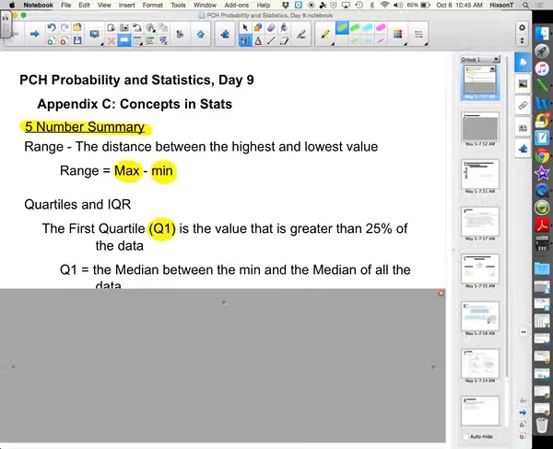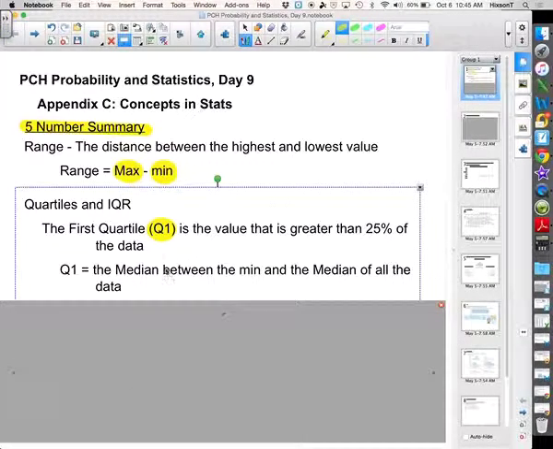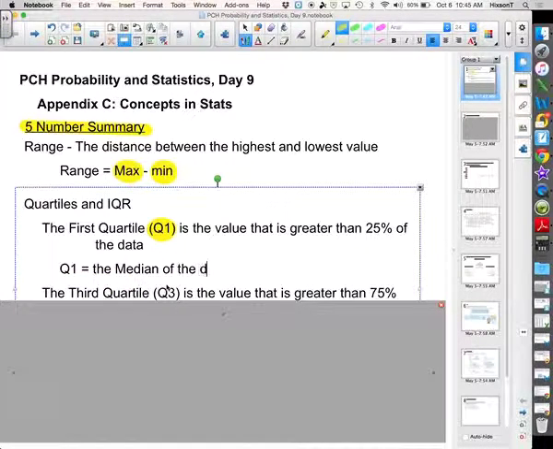But we said it's the median. Oh, and that didn't save. Okay, it's the median. There's a better way of wording this. It's the median of the data that lies below the median of the set.